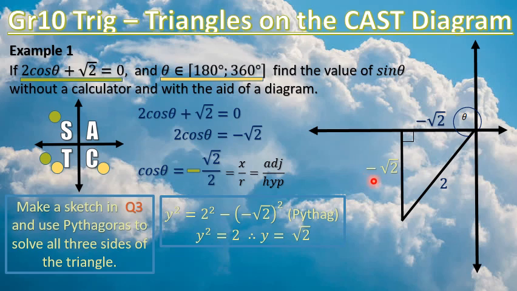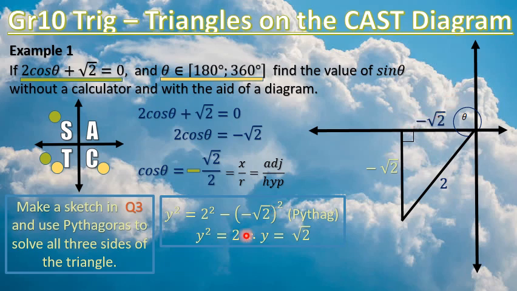But look over here. We have to make it a negative root 2 because we are working in quadrant 3, and in quadrant 3 we deal with the bottom half, the negative half of the y-axis. So a vertical distance must have a negative number popped right in front of it.